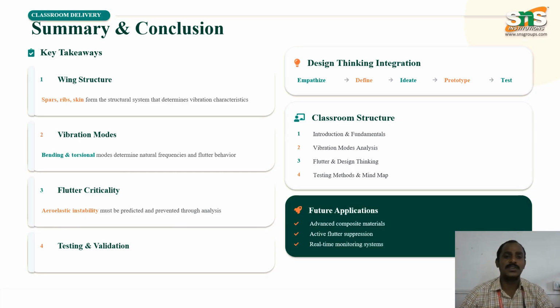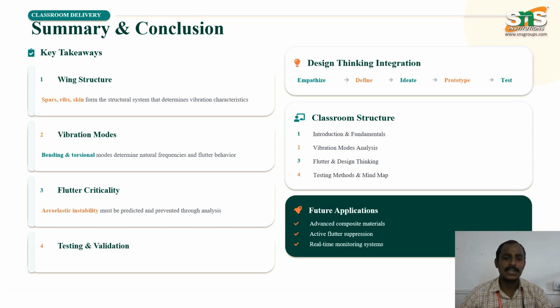Finally, let us summarize today's session. Aircraft wings are flexible structures composed of spar, ribs and skin that determine their vibration characteristics. Different bending and torsional modes define the natural frequencies of the system. Flutter is a dangerous aeroelastic instability that must be carefully predicted and prevented. Experimental methods such as modal analysis, shaker testing and strain measurements play a crucial role in validating theoretical models.